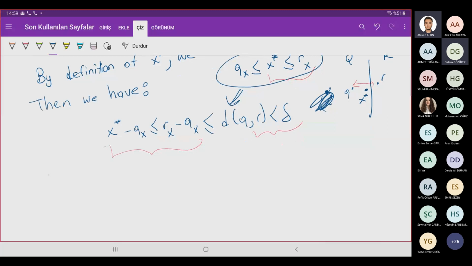So, I continue writing down the inequalities.